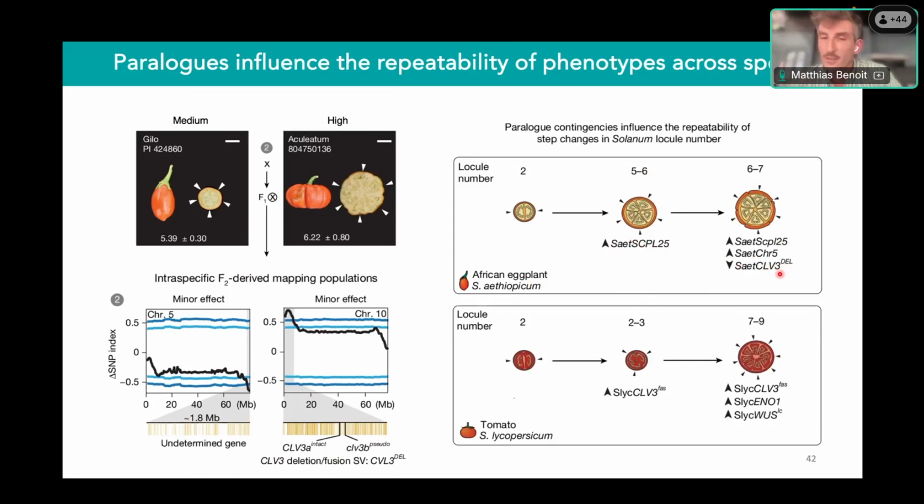This is widely different from tomato, where modification of clavata3 was really the main driver in the increase in fruit size compared to the wild relative. And in this case, the carboxypeptidase gene hasn't been involved at all in this domestication process, right?